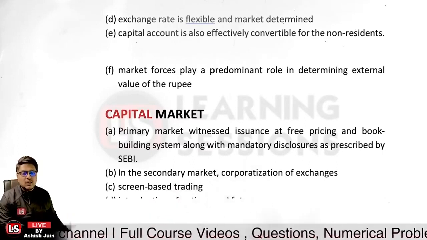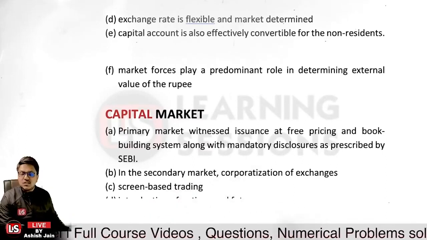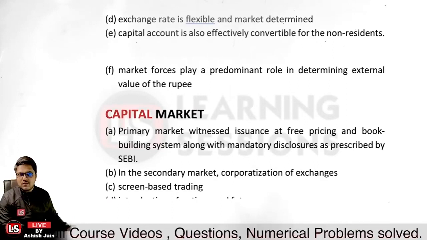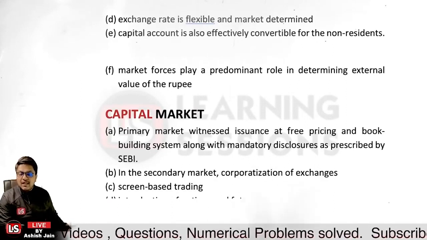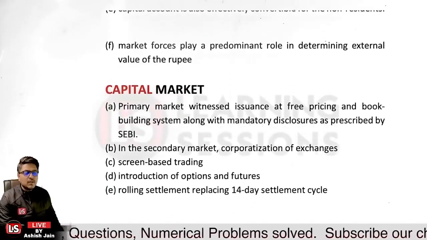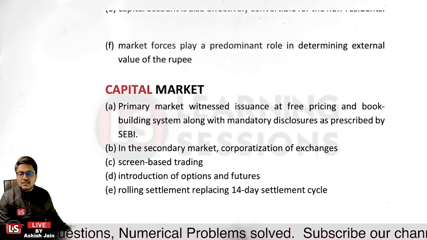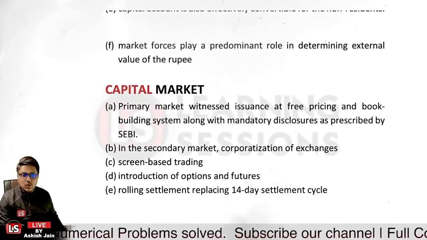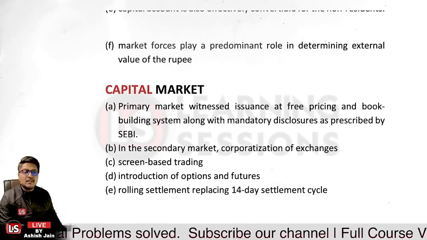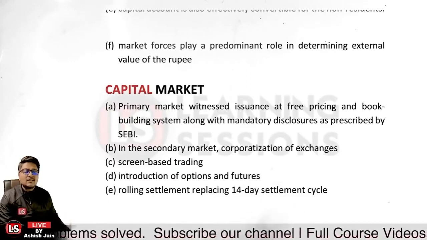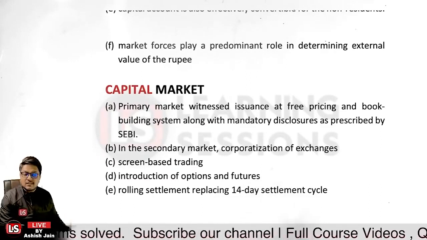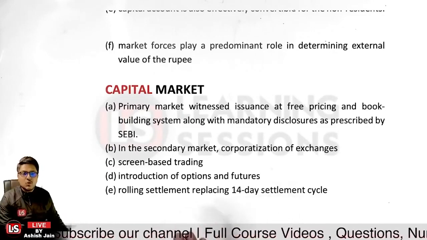And further, in the secondary market, corporatization of the exchanges is there. There is demutualization of the exchanges now, and trading is screen based. Options and futures, that is derivatives, have been introduced, and rolling settlement has replaced the 14-day settlement system. Previously there was a 14-day settlement cycle, but now there is rolling settlement.